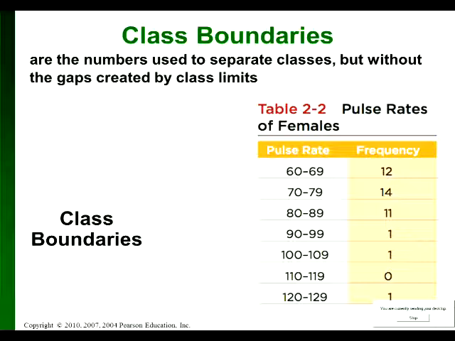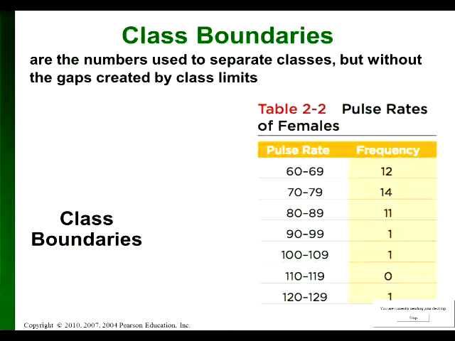But if we were going to make a graph of this information, it might be helpful to have the numbers that are separating the classes, maybe the average of an upper class limit and the next lower class limit. The average of 69 and 70 would be 69.5. So 69.5 would be a good demarcation between those two classes.